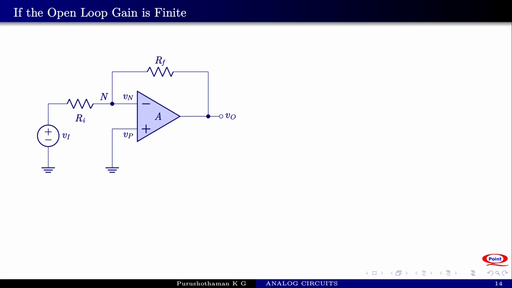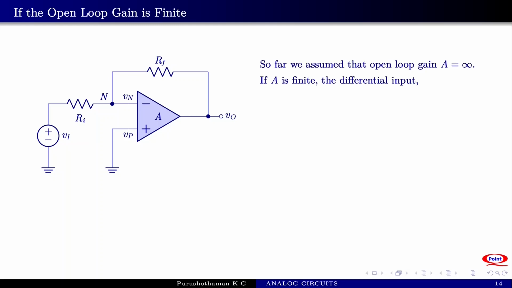RD is infinite, RO equal to 0, only the gain is finite. So if the gain is finite, we know the differential input VD is equal to VO divided by A. Now since Vp is equal to 0 because it is grounded, Vn must be equal to minus VO by A. So the voltage at this point is minus VO by A.